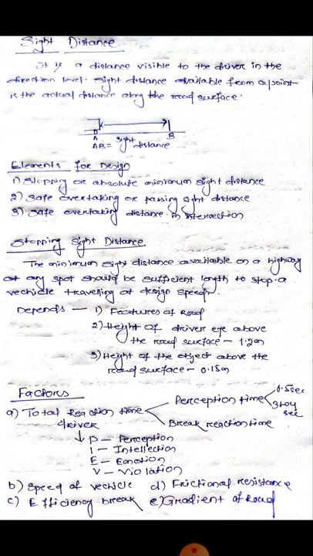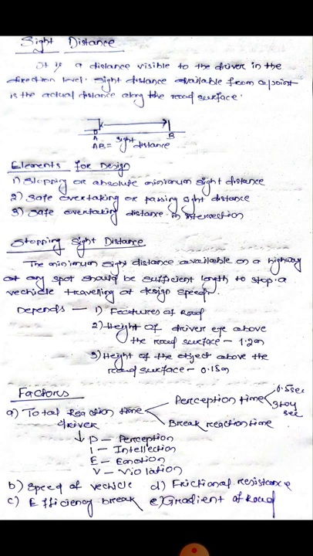Then frictional resistance. Whenever we study pavement surface or pavement characteristics, if a wheel is rolling on a road, there is friction. So friction always influences stopping sight distance. The efficiency of the brakes is another necessary factor.